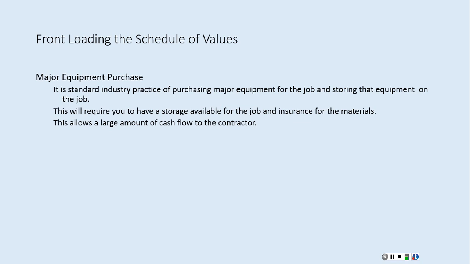If it's purchased right away, then it has to be shipped somewhere, stored and insured. Keep in mind we have to store it and insure it, but sometimes what we can do if we want to front load our schedule of values is get the owner of the company to pay for all of the materials on the project.